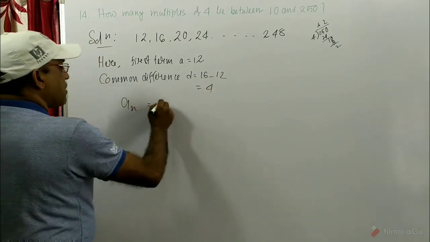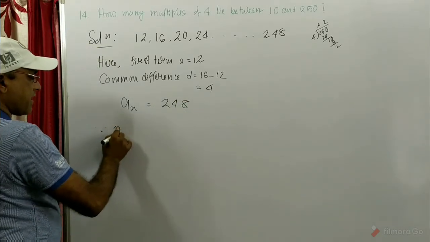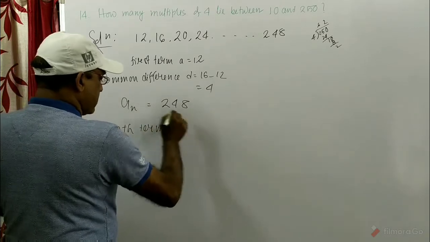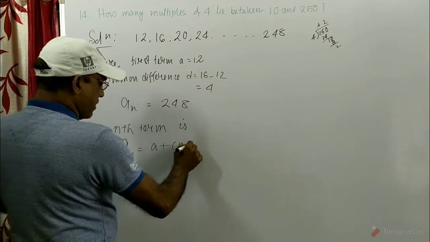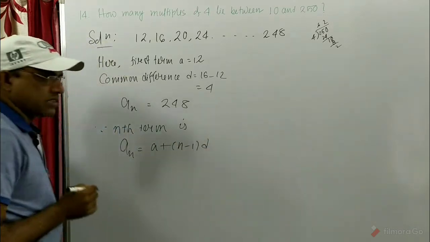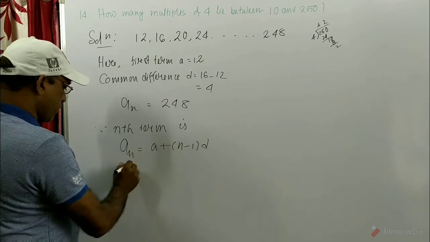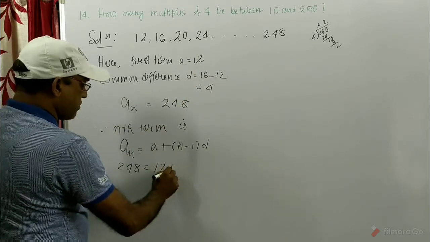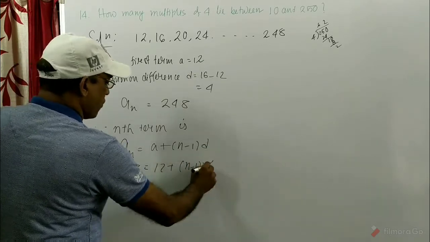The last term an is 248. The nth term is an equals a plus n minus 1 into d. This is our nth term or general term. An means 248 and a means 12, and d is given as 4.